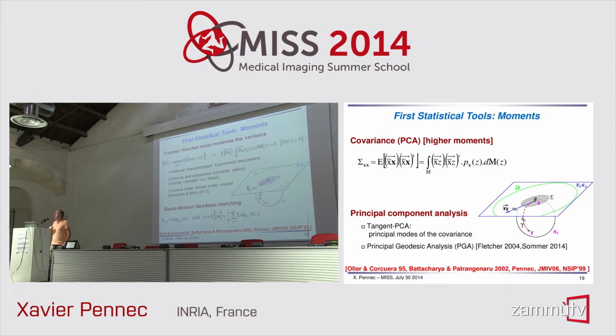Meaning that when we are at the mean point, if we develop everything, so that's called the tangent development, if we take the log of all the data points, the mean value is 0, corresponding exactly to the mean point. The geodesics toward the data points are now straight lines. Seems that we can do many, many things, and in particular what we can do is we can do covariance matrix and things like that.